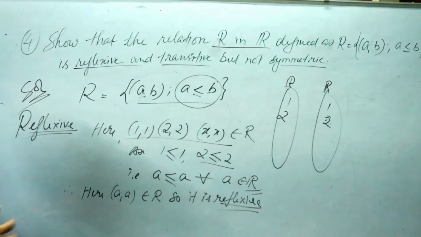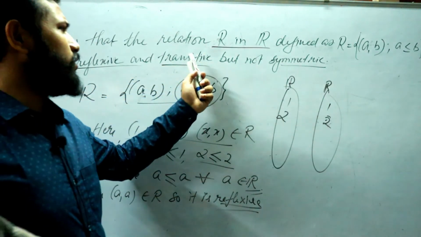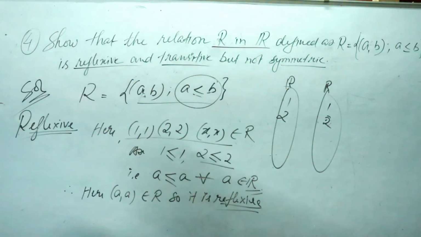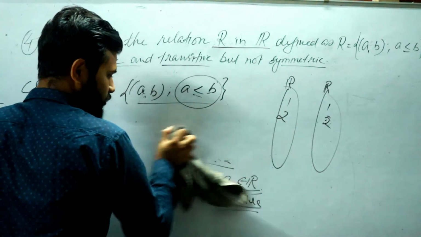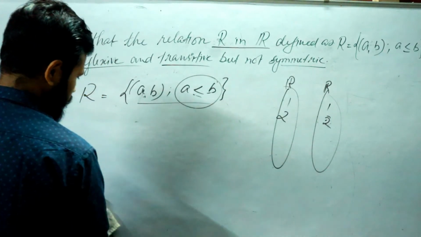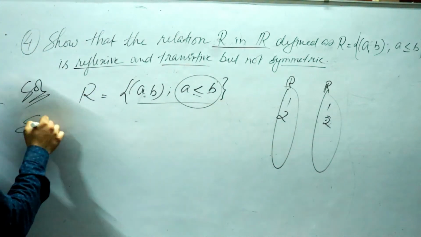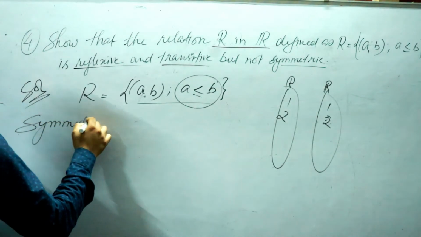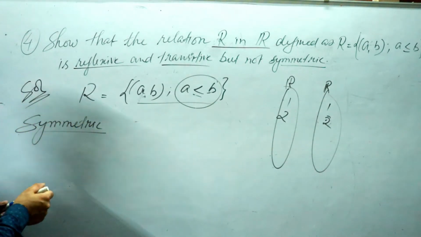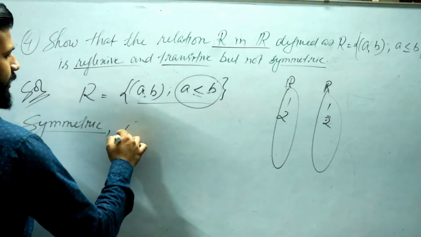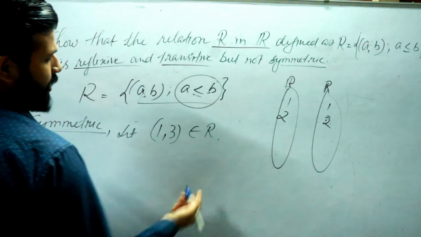Now let us solve for symmetry and transitivity. Anyone you can solve, either symmetric or not. But it is said it is not symmetric, so let us go on proving that also. It's going to be interesting now. Very easy question. Now look here: symmetric. Let (1, 3) belong to the relation.